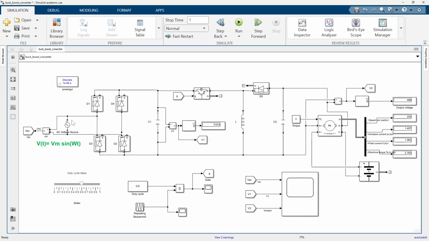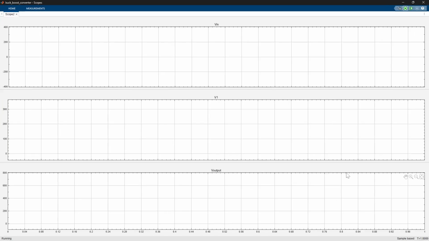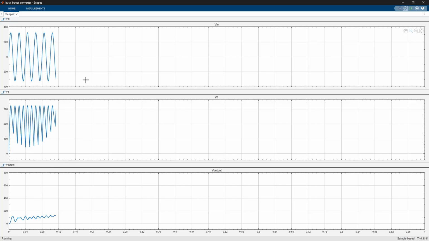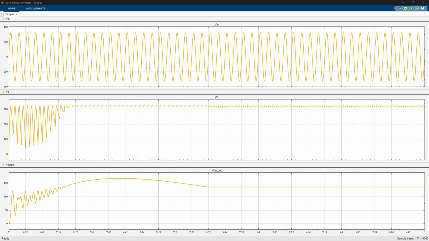Now I have already simulated. Let's see what happens at the duty cycle of 0.3 and see the result. Okay, we have 3 waveforms.